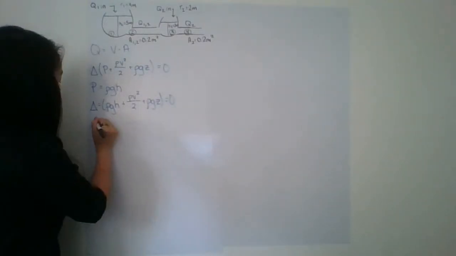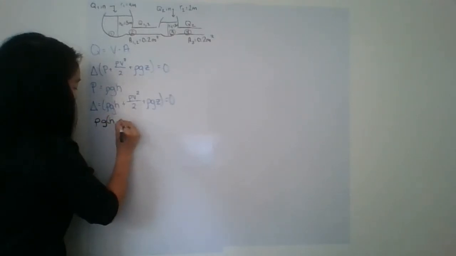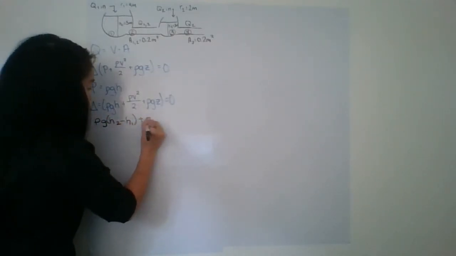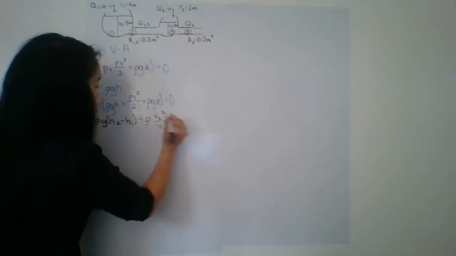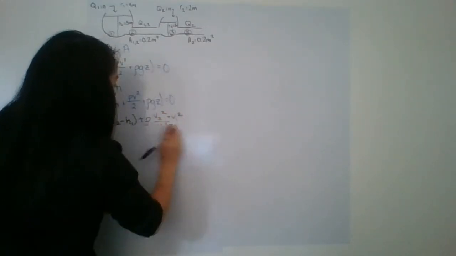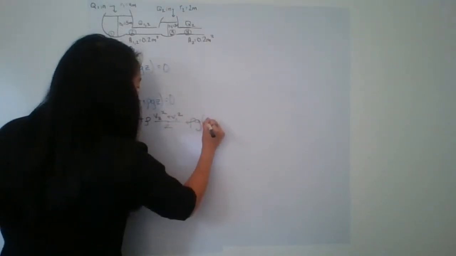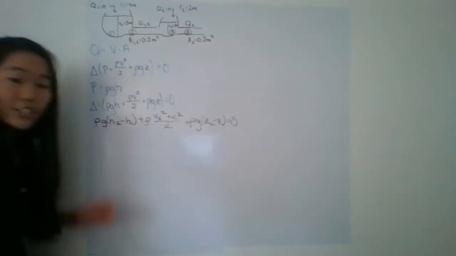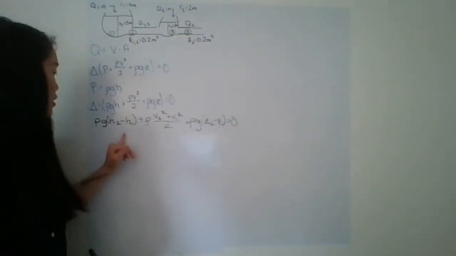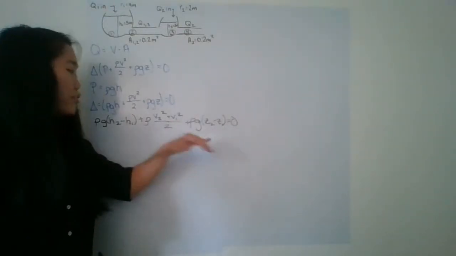So we'll get rho times g times h2 minus h1 plus rho times v2 squared minus v1 squared over 2 plus rho times g times z2 minus z1 equals 0. The terms just represent change in height, change in velocity, and the height of the fluid relative to our point.